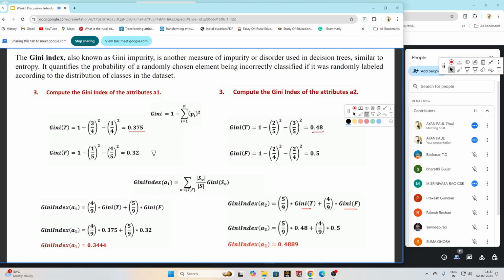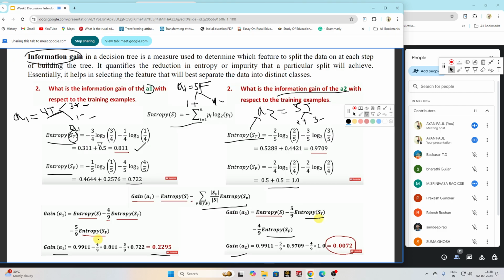Okay, so now we will find out the similar thing, whatever we have done with information gain. Similarly, we will do the same thing with the Gini index. But here, as this is the Gini index, the formula will be different. So the Gini index with respect to the true example, as I have already told you on the previous slide, we have 3 positive and 1 negative.